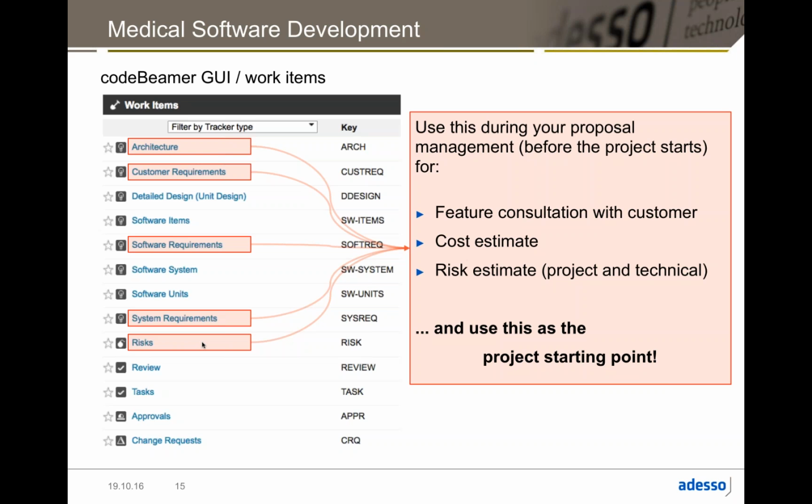If you start this project and get it, then you have this as a starting point for implementing the project. This works really well, and you have the full traceability from the beginning till the finish of the project.